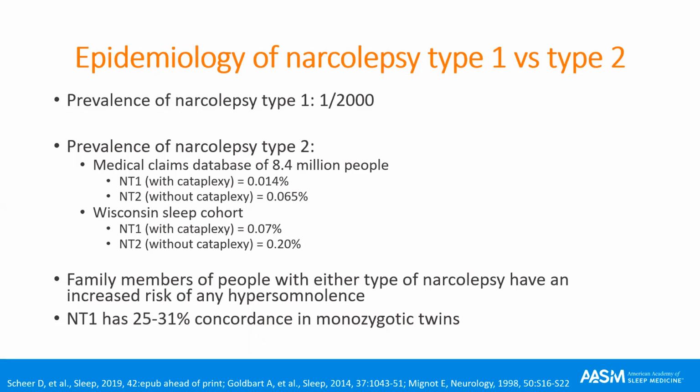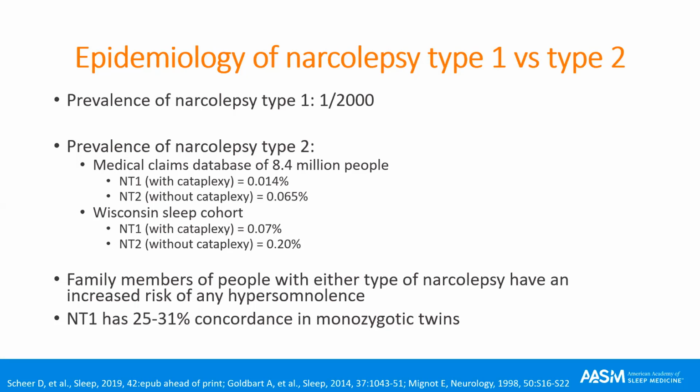But this is a medical claims database of 8 million people that found that type 2 narcolepsy was about 4 times more common than type 1 narcolepsy. Similarly, in the Wisconsin sleep cohort, they did testing with PSG and MSLT and found that narcolepsy type 2 is about 3 times more common than narcolepsy type 1.